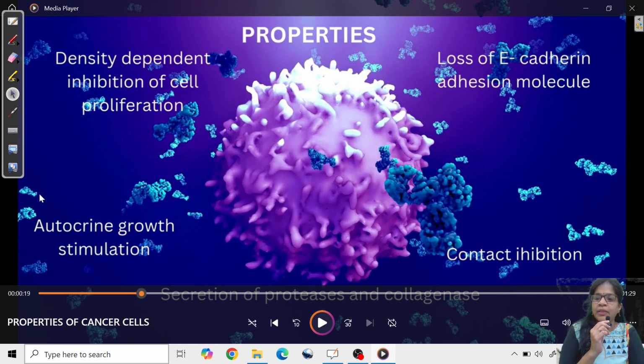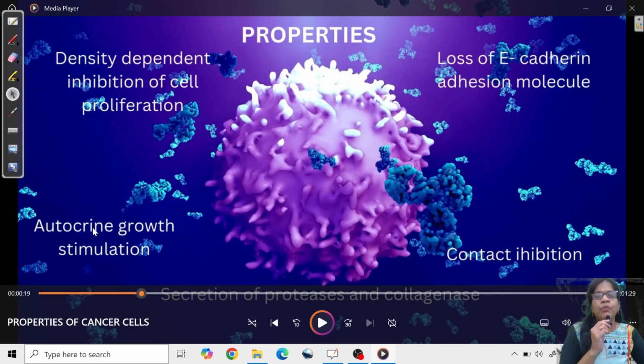The second one is autocrine growth stimulation. What does this mean? You all know that a cell needs growth factors for undergoing many mechanisms, right? If you are growing a cell in a culture, you need to supply it with the basic growth factors required.